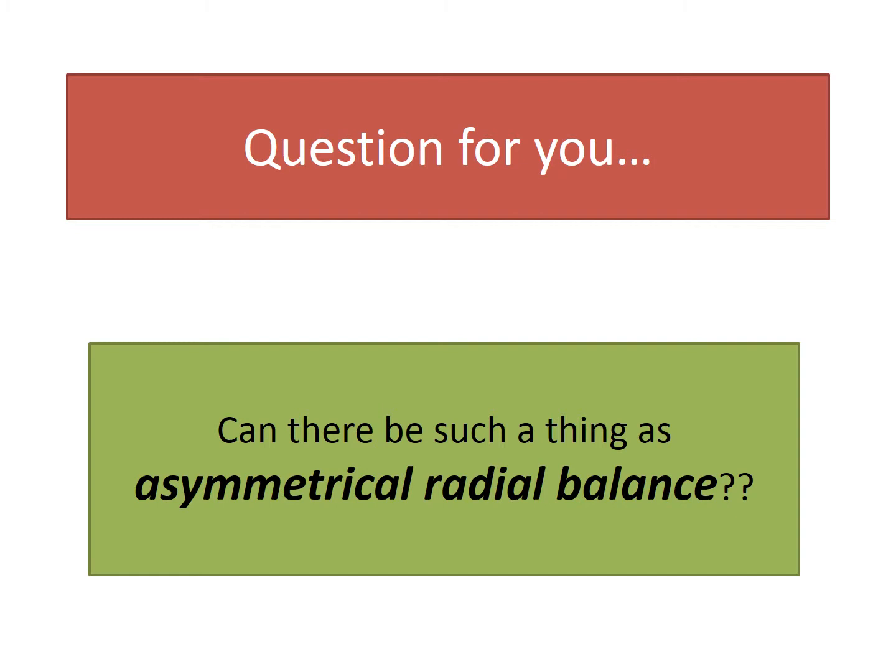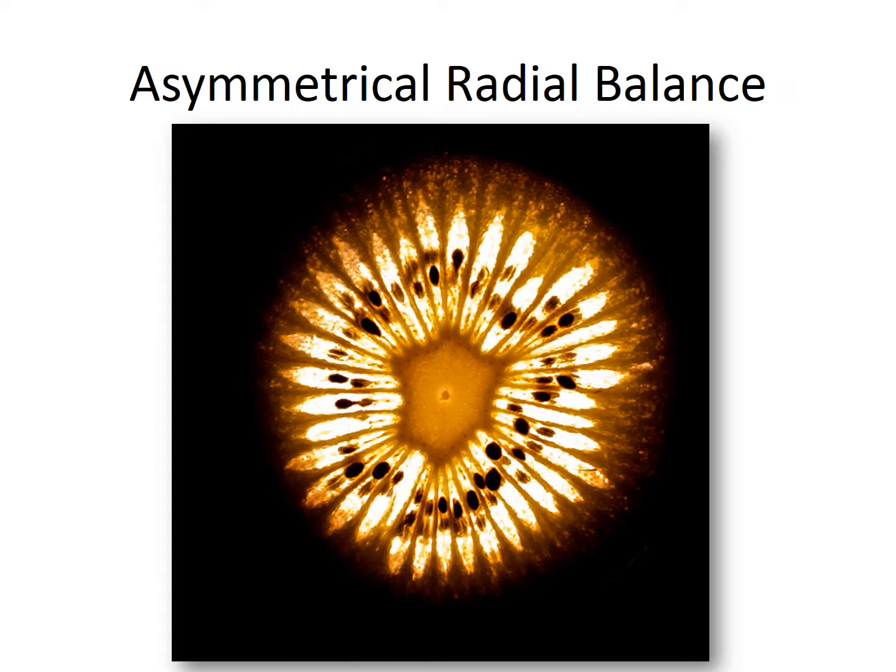Okay, I have a question for you. Can there be such a thing as asymmetrical radial balance? Absolutely. If you were to divide this image straight down the center, technically it would not be symmetrical. It's asymmetrical because things don't line up. However, remember, think back to the Taj Mahal photograph.